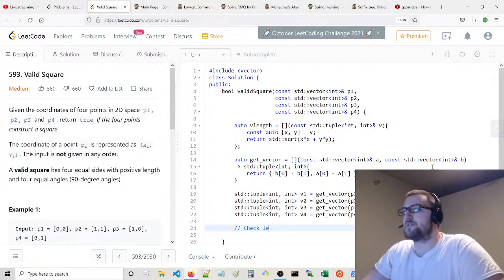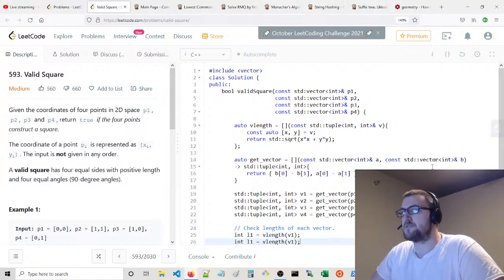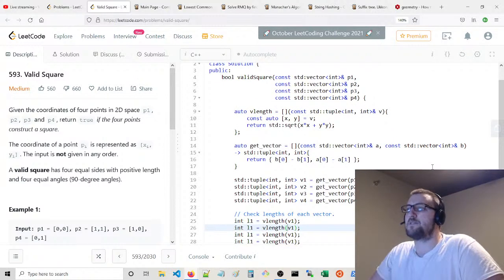L1, L2, L3, L4: L1 is v length of v1. Maybe I can put these things into an array, I guess.